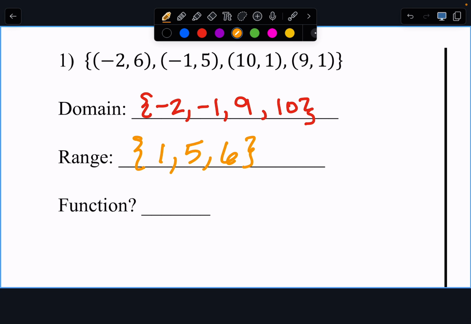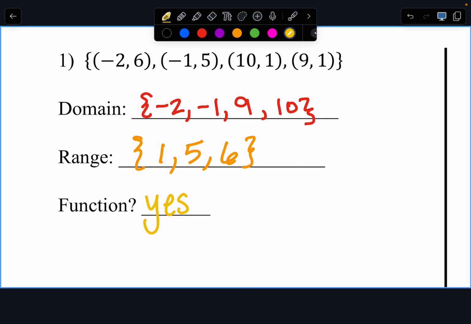Wyatt, is this a function? No, there are 2 outputs. Every input has 1 output.